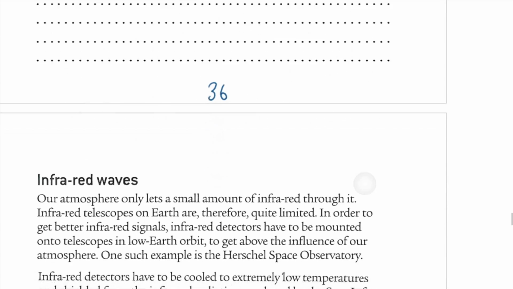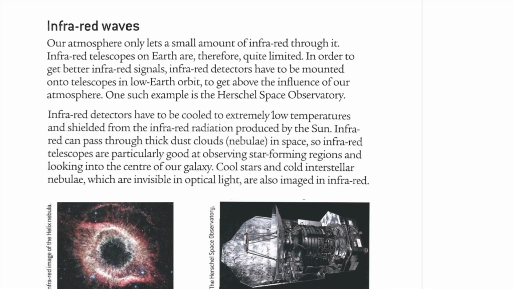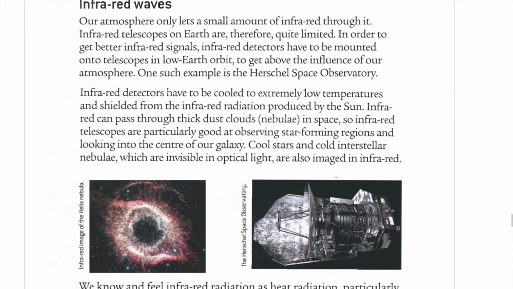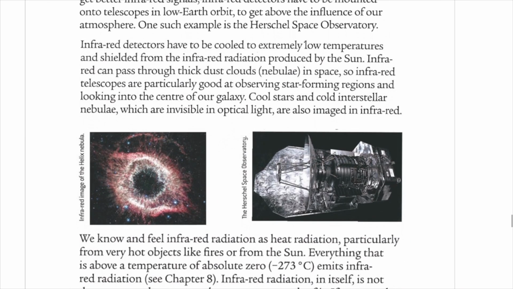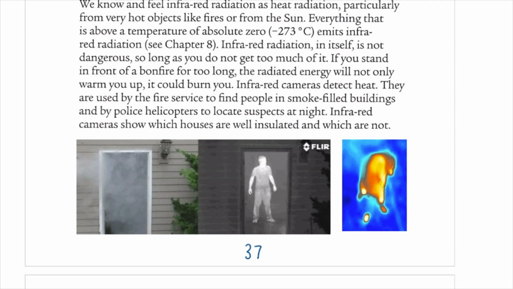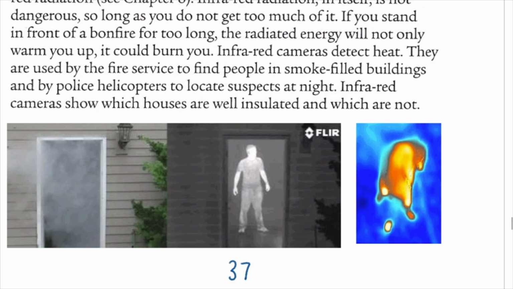When you've completed that, turn on to page 37. Infrared waves. Think back to the video. They looked at a few examples of infrared. Police use it for detecting criminals who are trying to escape in undergrowth and so on.